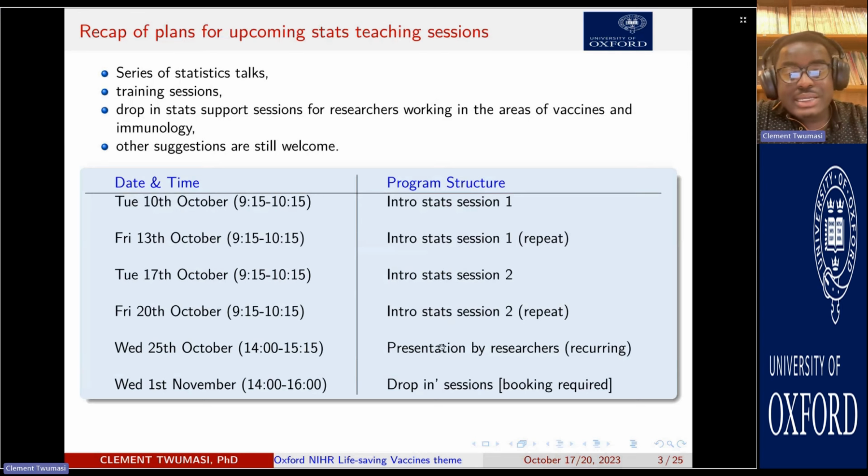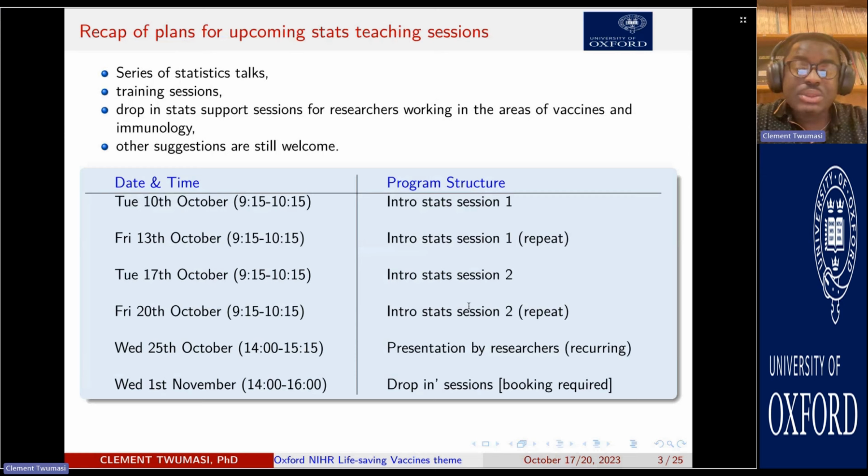Once again, for future sessions, we are planning on having an interactive session where a researcher or a group of researchers will present the statistics bit of their work and get feedback from not just me, but also the team, in the case of brainstorming, and for others to also learn about other methods that people are using across different disciplines and subject areas.